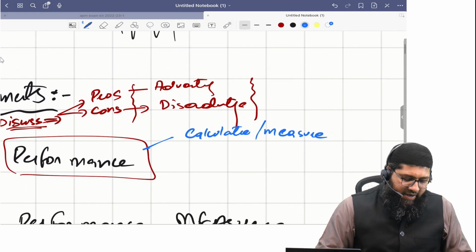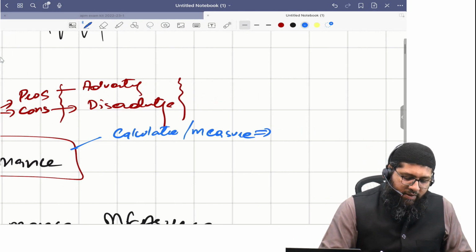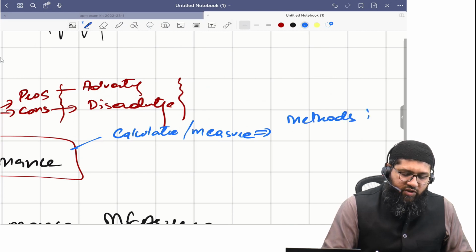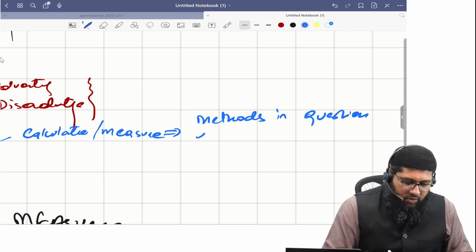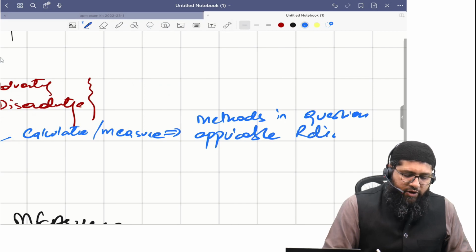So you would calculate or measure using whatever formulas, whatever methods are given in the question. Or at times, whatever the applicable ratios could be, that's what you have to use.